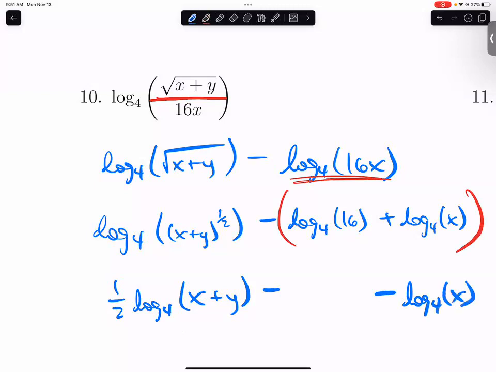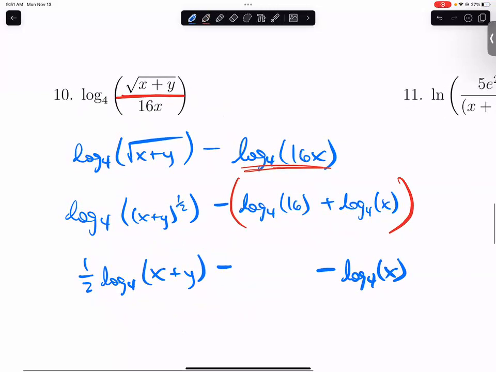Can we clean the log base 4 of 16 up, the numeric part? Sure, 16 is 4 to the second. But those are both negative, and again, it's for kind of the same reason they were both in the denominator to begin with, right? We were dividing by both of them. They should both end up being negative.